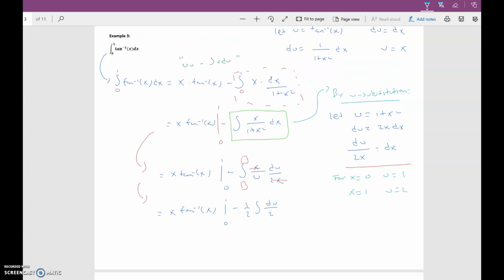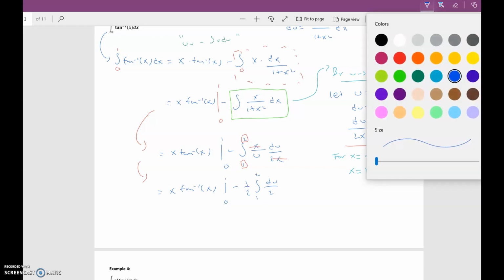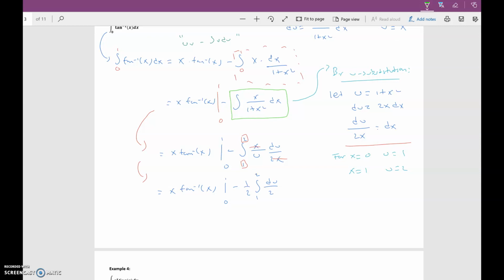The original limits went from 0 to 1. As we do the u substitution, if you plug in 0, that's 1, and then 2. So as we're doing the u sub, now it's going to go from 1 to 2. The original limits went from 0 to 1 before the u substitution.